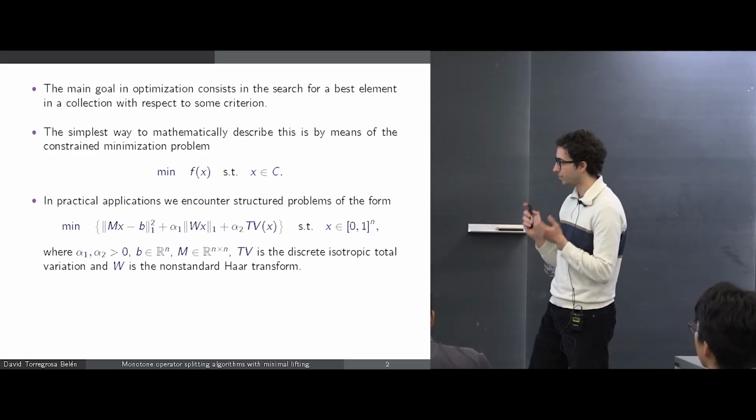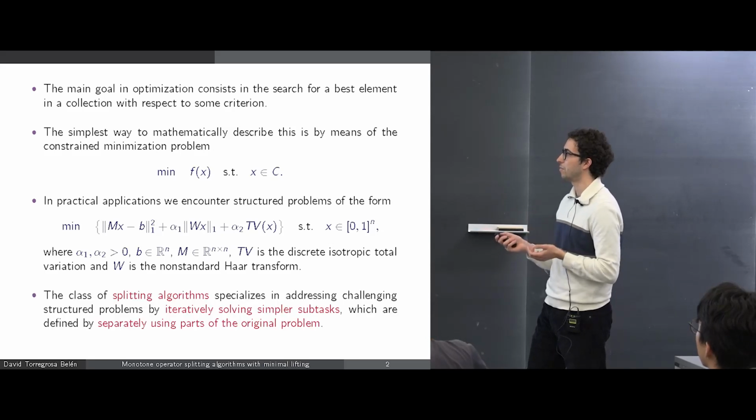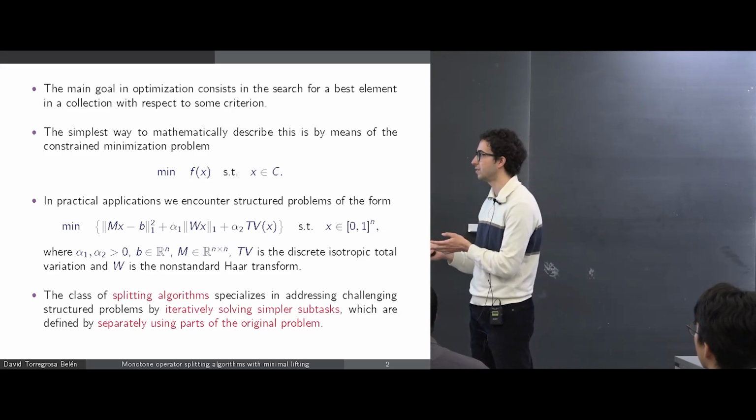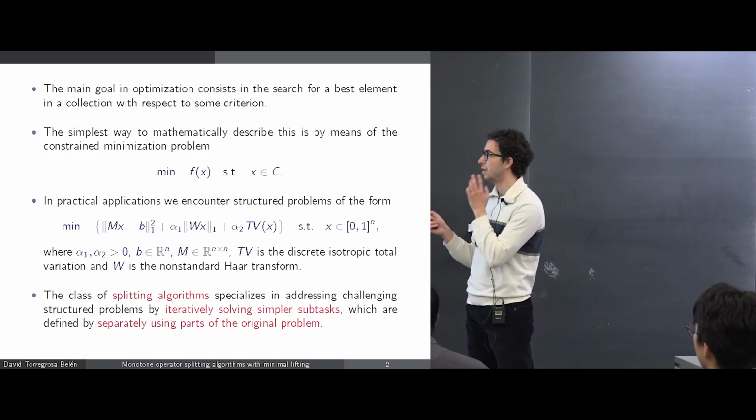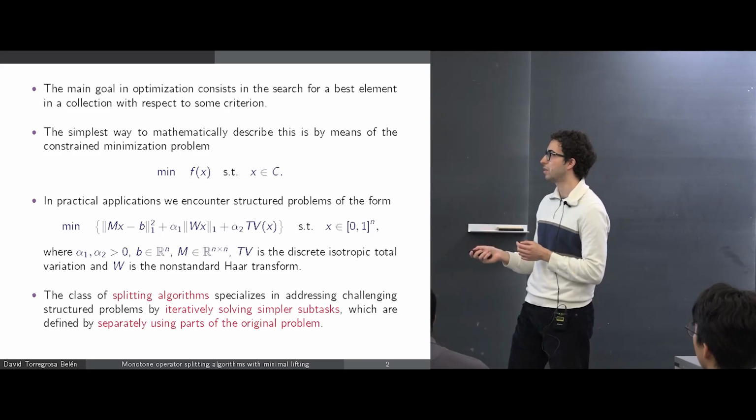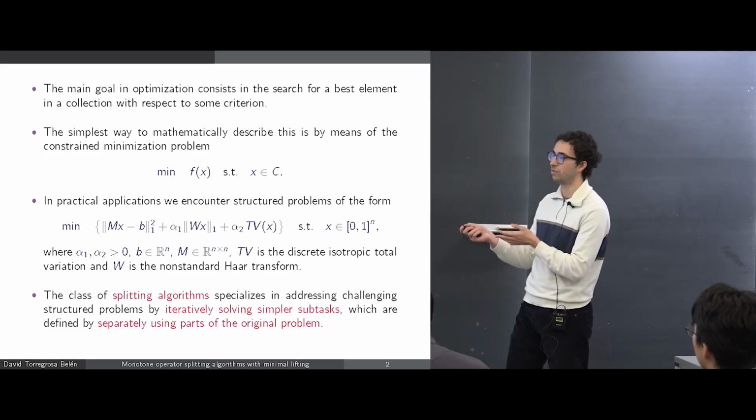This is related to the methods that I was working on during my PhD, which are called splitting methods, that specialize in addressing these challenging structured problems by iteratively solving simpler subtasks that can be defined with different parts of the original problem.